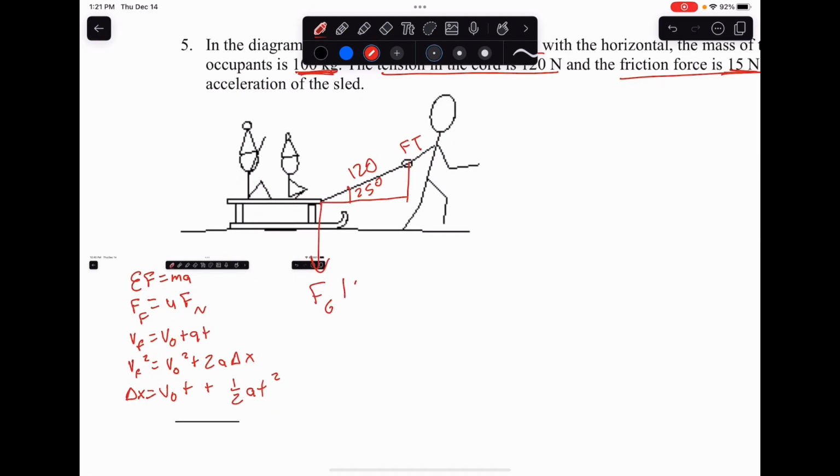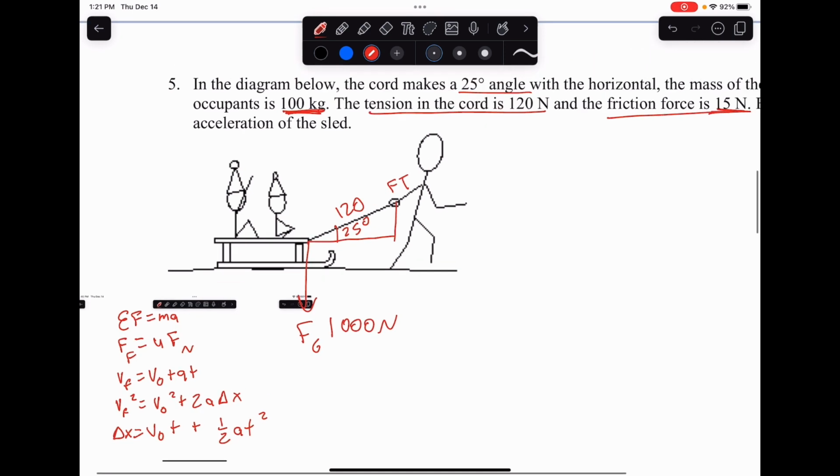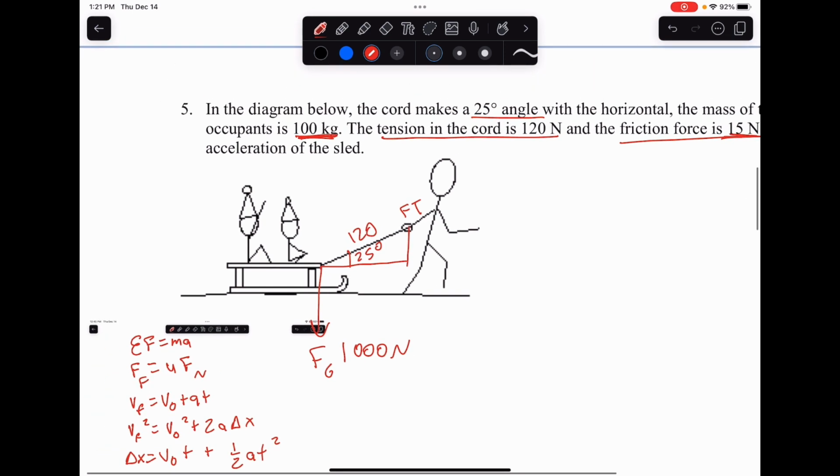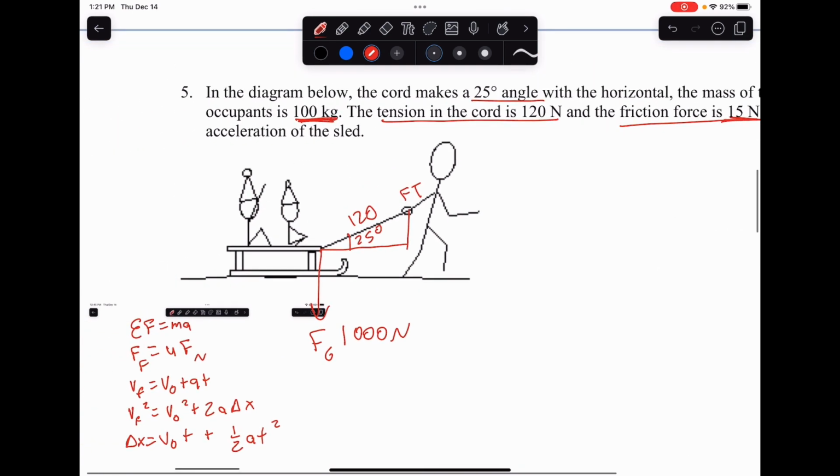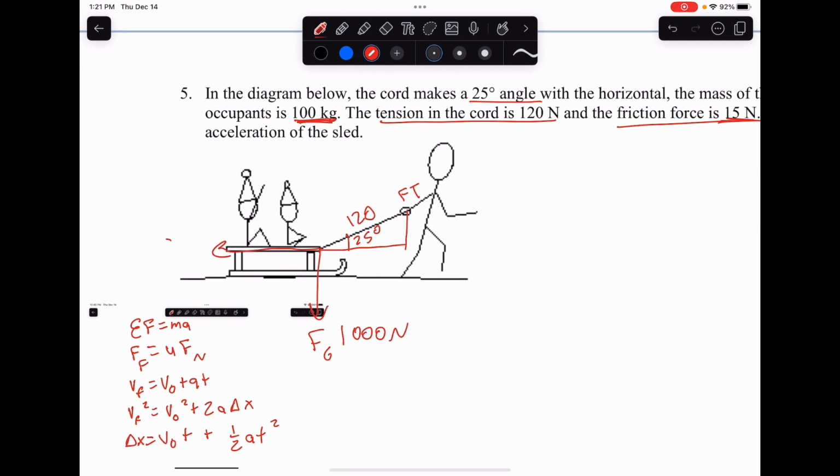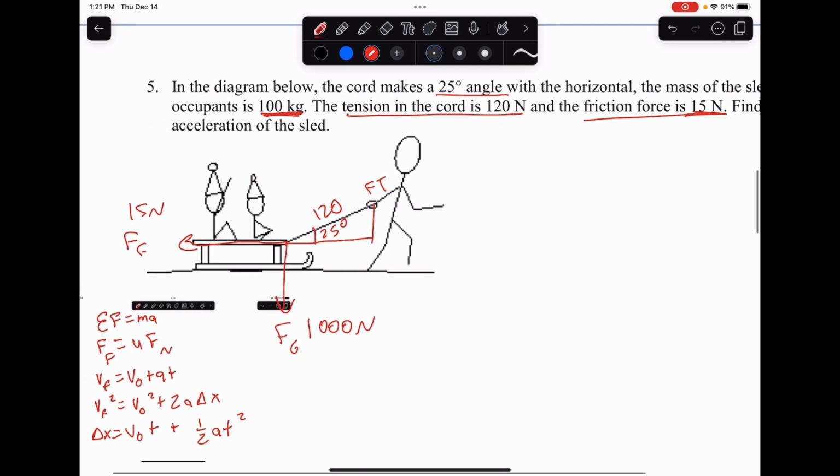Okay, so I'm sort of trying to put the obvious in here. Make it nice and easy. Force friction, 15 newtons. So what do we need? Oh, we need the acceleration. So we need the acceleration. Acceleration equals question mark.